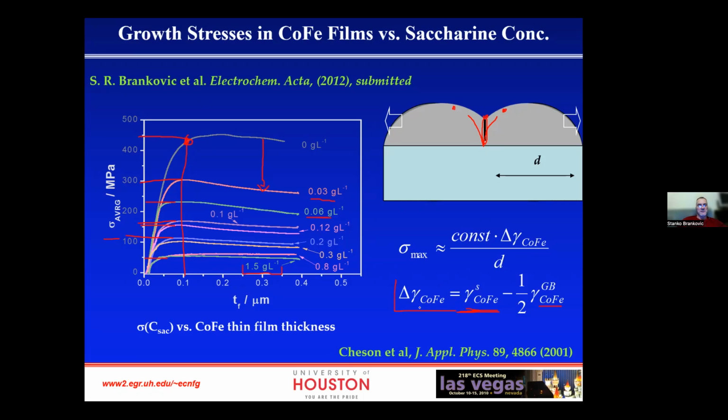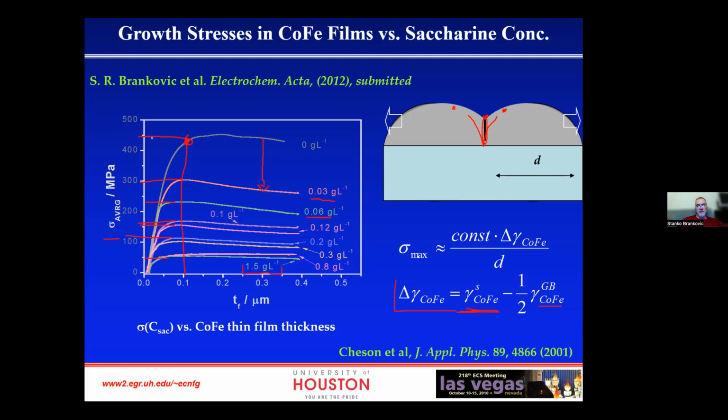In this case, this is the cobalt iron alloy. This delta gamma term is called the driving force for grain zipping, which is described as the difference between the surface energy of the cobalt iron and 1/2 the grain boundary energy of the cobalt iron. Okay. And basically, this is so far what literature tells us about this process.